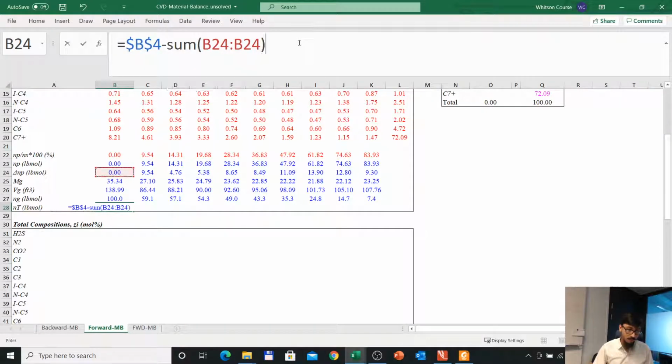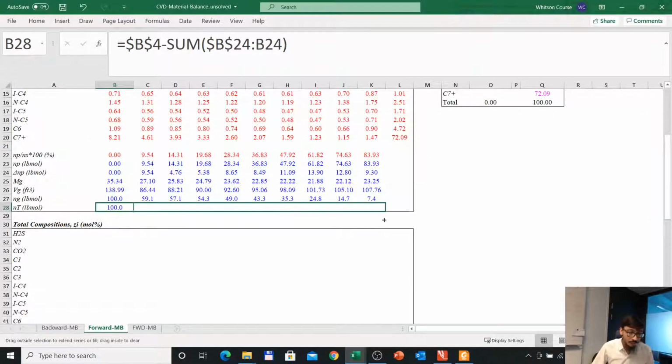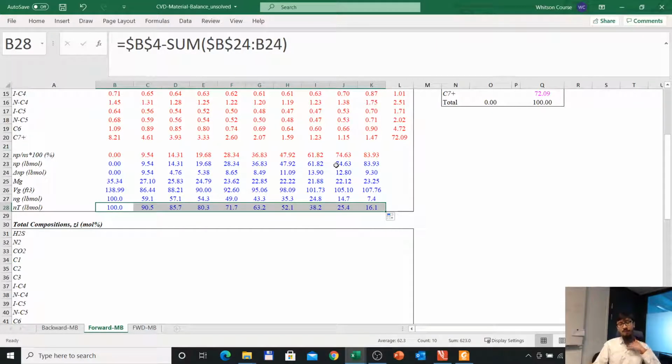Since when we drag the formula, this has to increase, so this should be fixed, and this we can keep it changing. So that's the sum of moles produced, and I think that should be it. You can check. Yeah, that's what we wrote here.